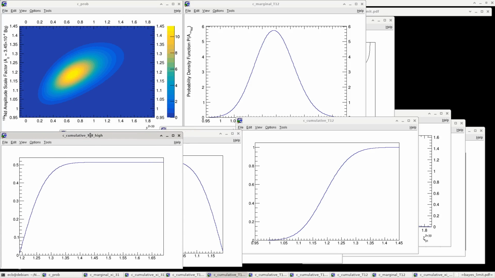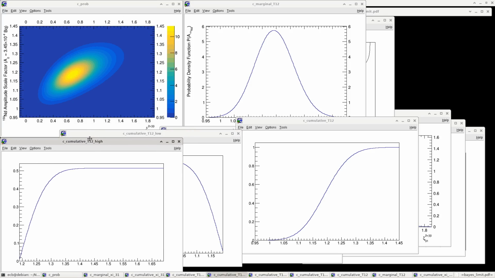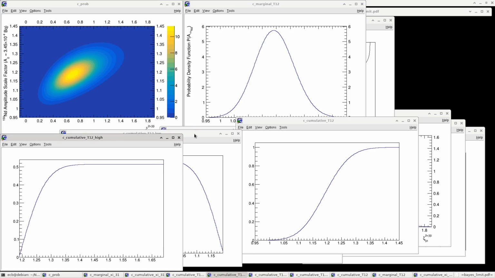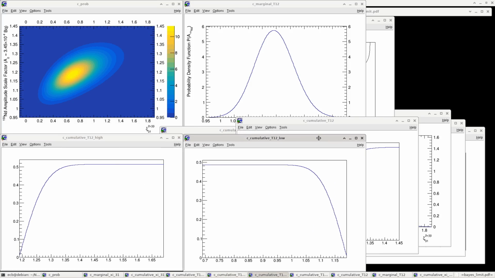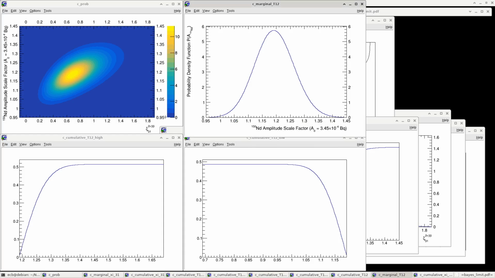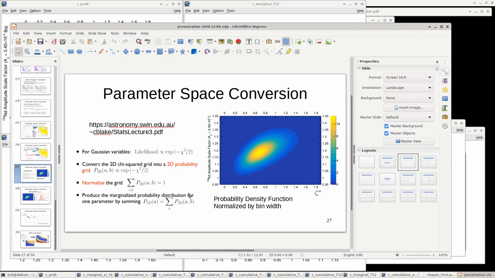So firstly, what I do is the marginalization process. So convert this 2D probability space into a 1D probability space, just using that final equation that I showed you a minute ago, this one here.